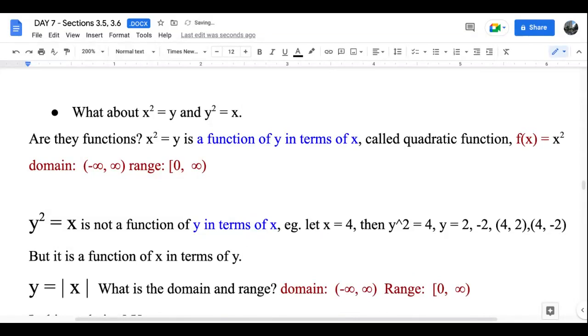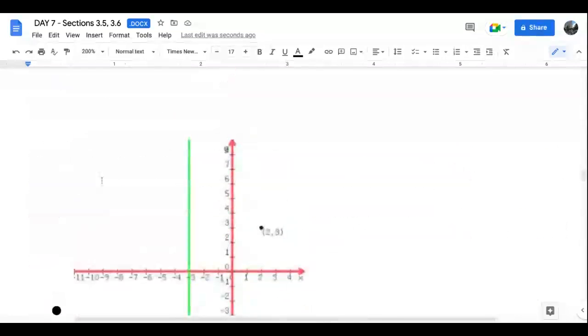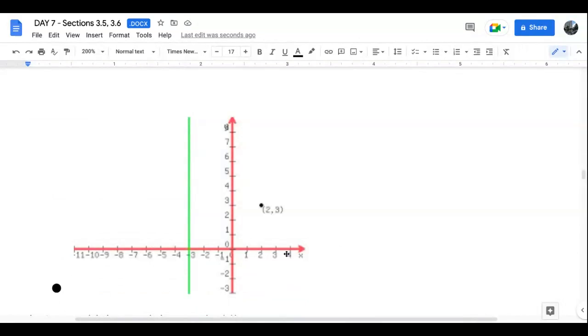If you call the horizontal axis the y-axis and the vertical axis the x-axis, then this would be a function. But just by convention, we make the horizontal axis the x-axis and the vertical axis the y-axis.